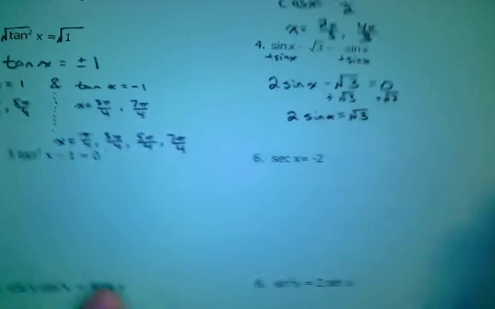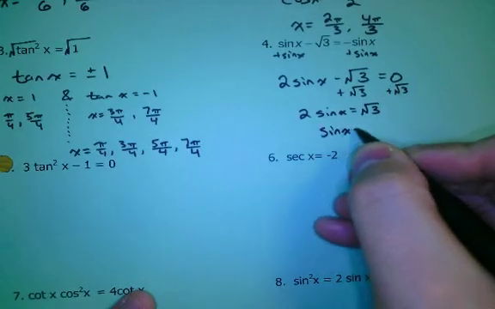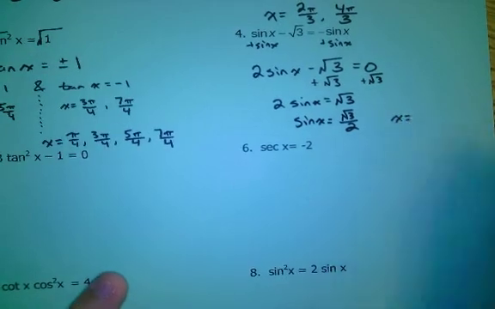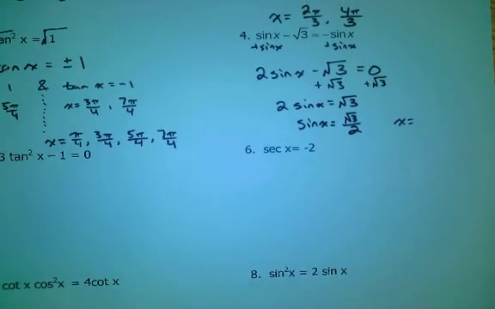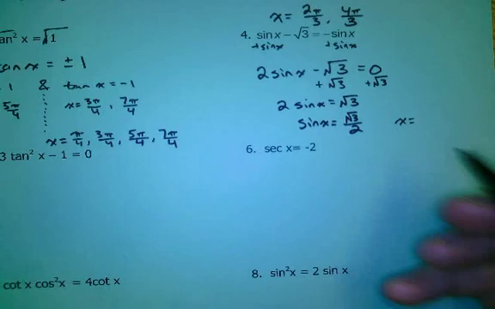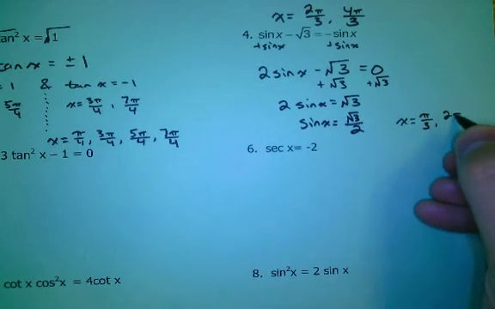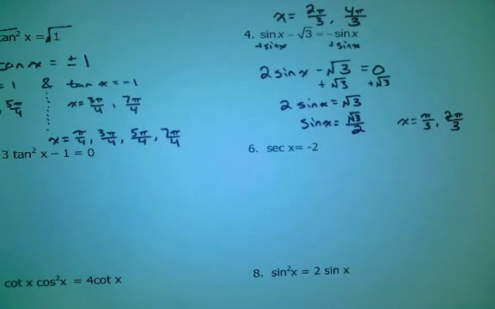Get sine by itself. You're going to get sine of x equals root 3 over 2. So x is going to equal pi over 3. Nice. Really need to know that unit circle.